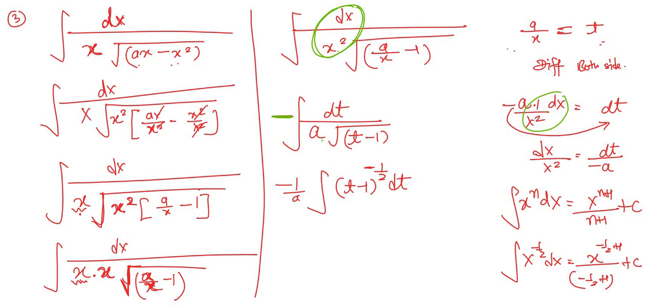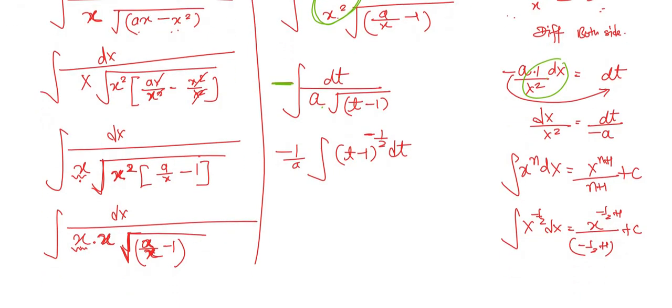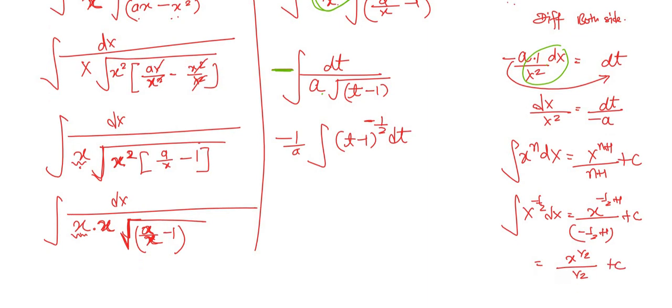Correct? Which is nothing but x raised to power half by half plus c, which is nothing but 2 under root of x plus c.